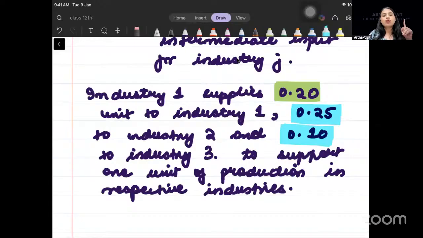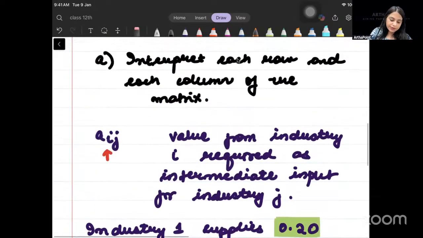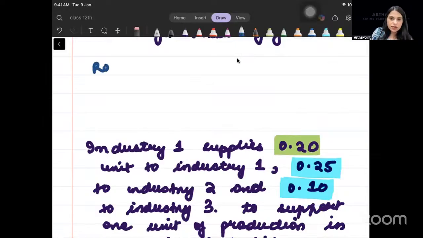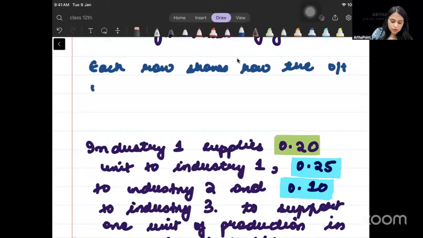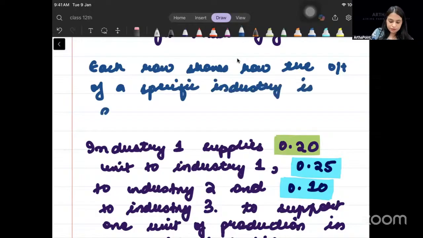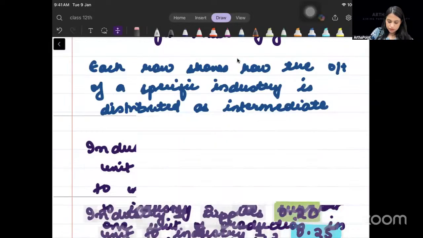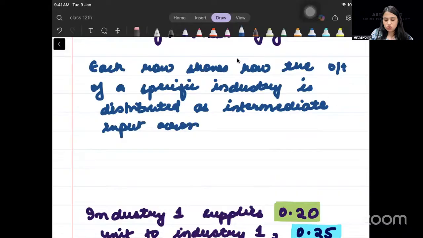So row shows how output of one industry is distributed as intermediate input across industries। इसको आपको कहीं लिखना पड़ेगा, you have to write this down। So you will say that each row shows how the output of a specific industry is distributed as input across all industries, including itself.